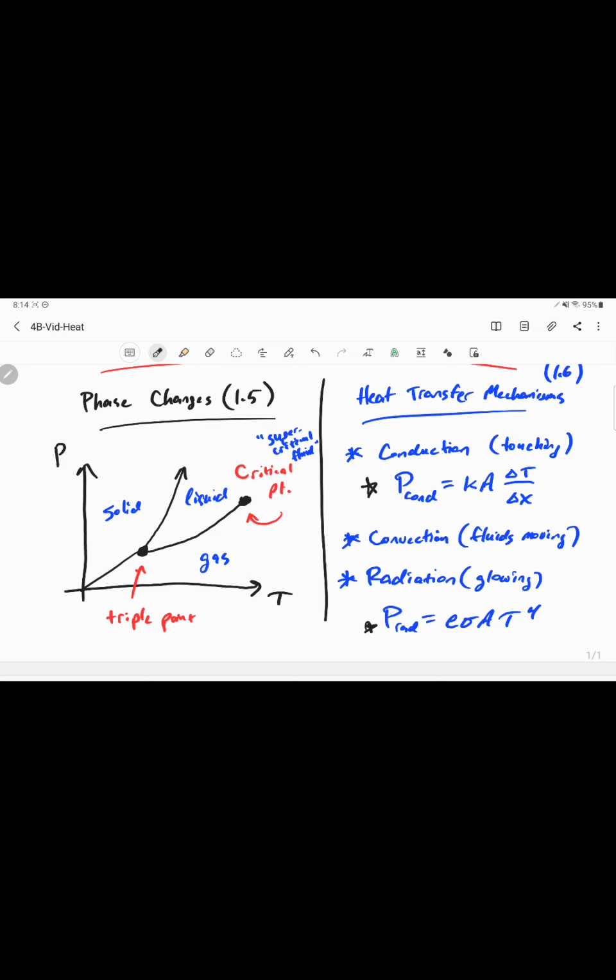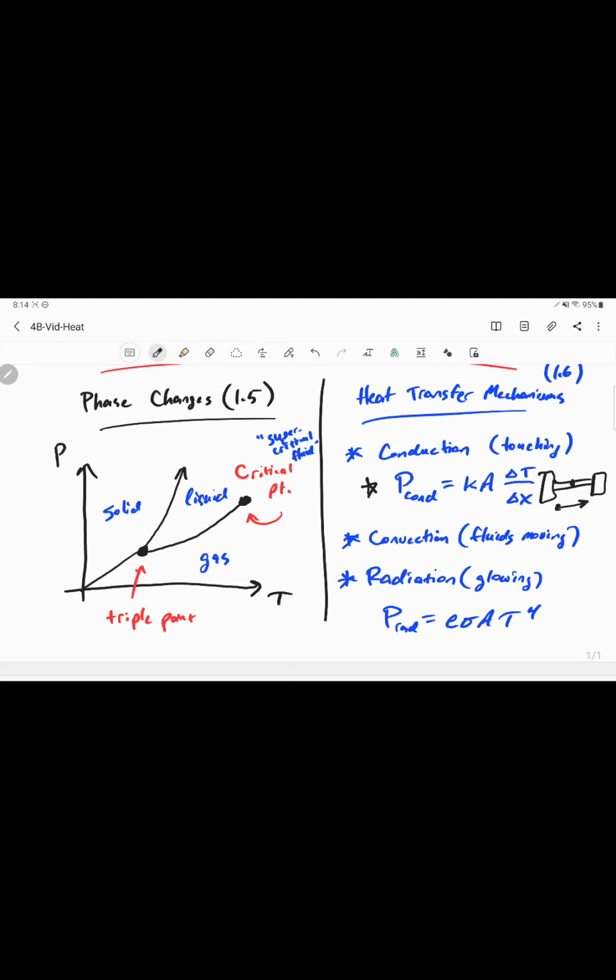Actually, let me talk about the conduction one, and then I'll go back to the radiation one. So the conduction depends on, you have a hot thing touching a cold thing. So you have a rod, there's hot and there's cold. It'll depend on the temperature difference between these two objects, that's the delta T. It'll depend on the cross-sectional area across which the heat is going.